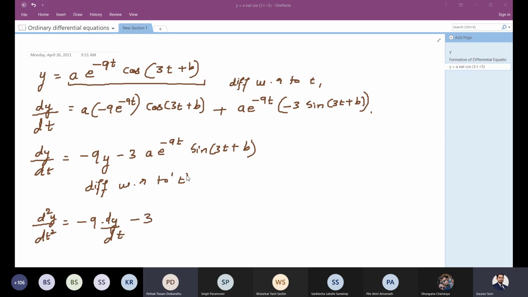Then apply the chain rule: a into minus 9 e to the power minus 9t sine of 3t plus b, plus a e to the power minus 9t, in bracket, sine of 3t plus b, whose derivative is 3 cos of 3t plus b.